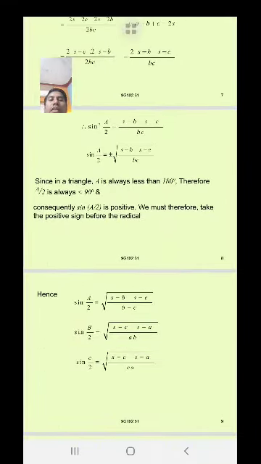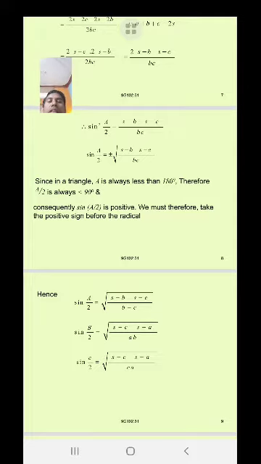Since in a triangle A is always less than 180 degrees, therefore A by 2 is always less than 90 degrees, and consequently sin A by 2 is positive. We must therefore take the positive sign before the radical.